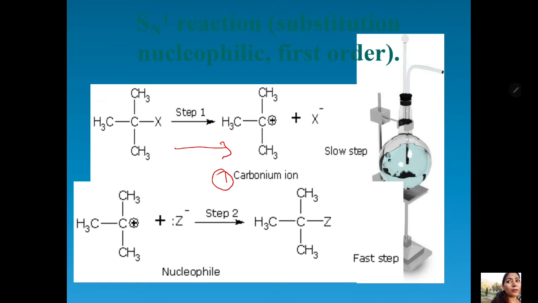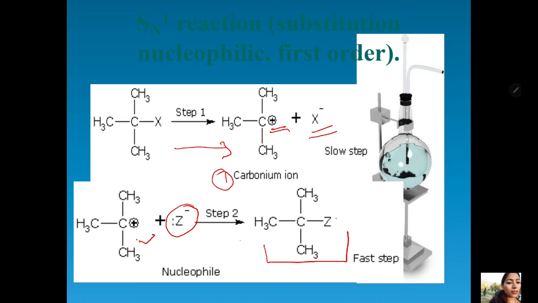What is a carbonium ion? It means a plus charge will be created on the carbon and the halogen will come out. In the second step, a nucleophile will attack this carbonium ion and simultaneously attach to it.